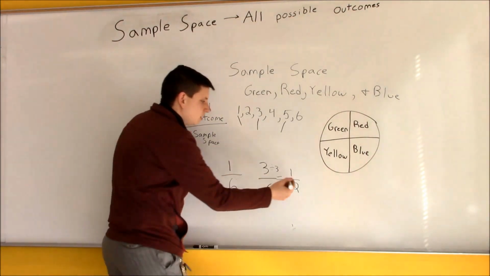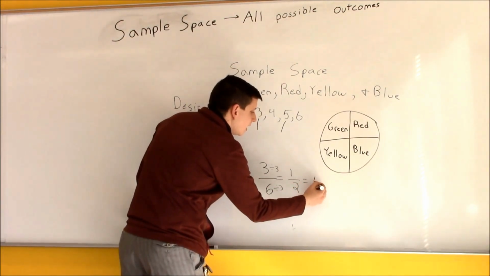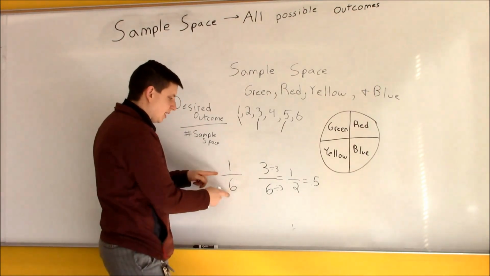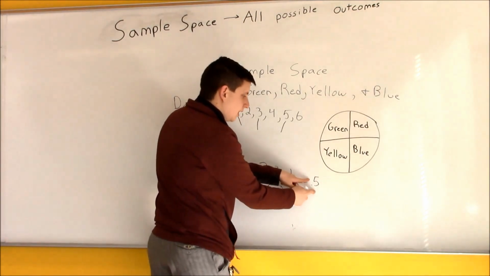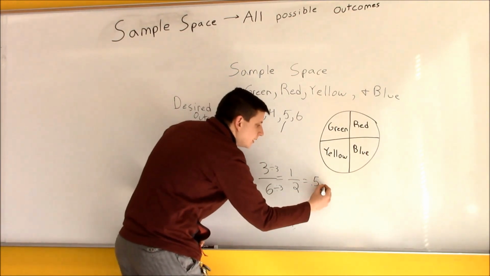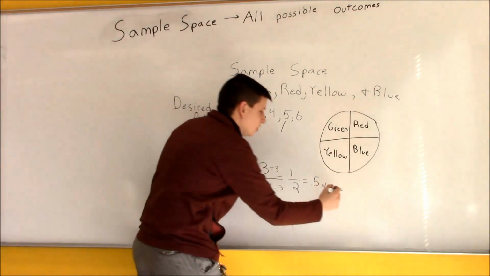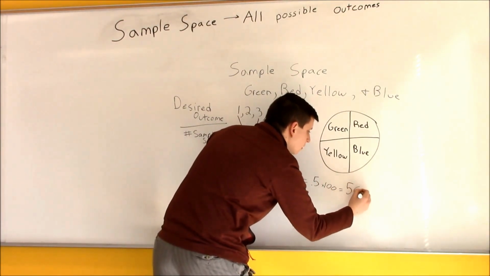When I perform that division, I know that equals 0.5, and if I want to convert that to a percent, because it can be represented as a fraction, a decimal, or a percent, I would multiply times 100, so that it would be a percent. So that would be 50%.